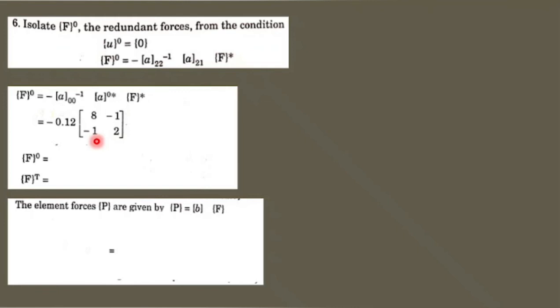If it is a plus sign, you have to apply a minus sign. So that is why for finding A naught inverse, the elements are changed and the sign change is made. So this is the inverse of the matrix, and you have a minus here, hence it is written like this. Now you know A naught inverse. So A naught inverse is there. You know A naught star.